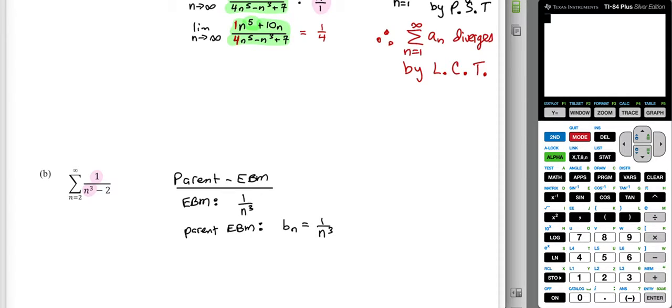Now, a sub n, we learned in the last one, it's in our best interest to write it as a sub n at some point so that we can make use of that notation. Now, you'll notice that this one starts off at 2. So I'm going to designate my parent EBM summation as having the same bounds.